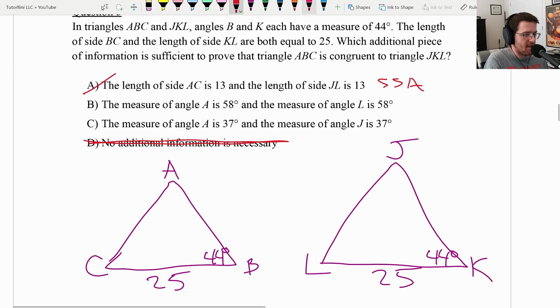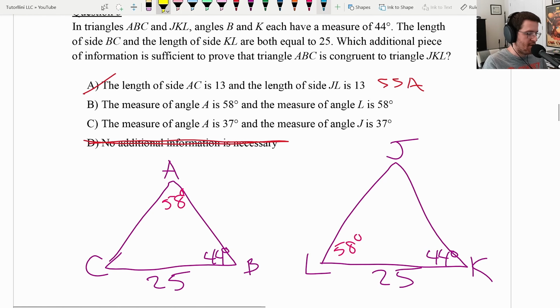Okay, let's try this next one. So angle A is 58 and angle L is 58. Okay guys, this is kind of tough to see, but do you see how one of them is giving me AAS and then the other one is giving me ASA? These are not the same, right?